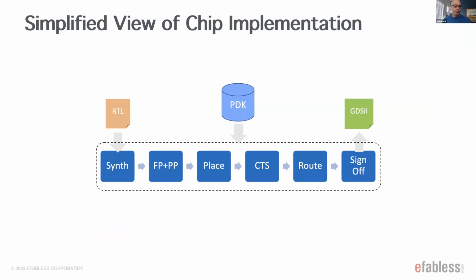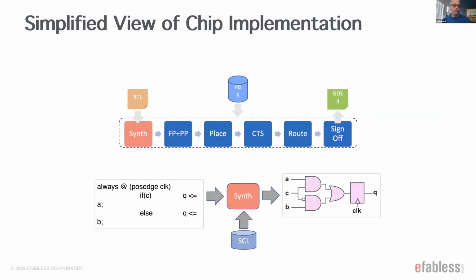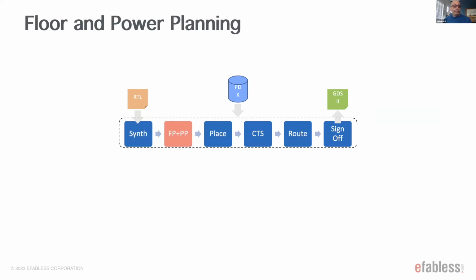OpenLane takes you through different steps of the chip or block implementation, starting with synthesis, which maps your RTL into the technology library being targeted, in this case the SKY130 PDK, the standard cell library. All of these steps are part of the OpenLane sequence of steps for creating the design.